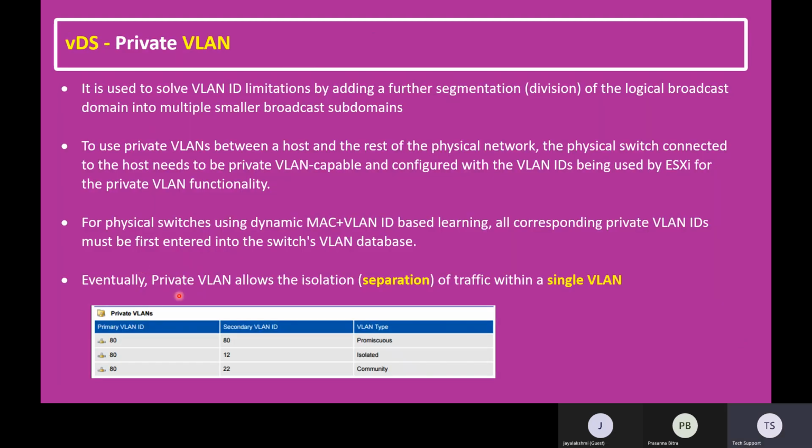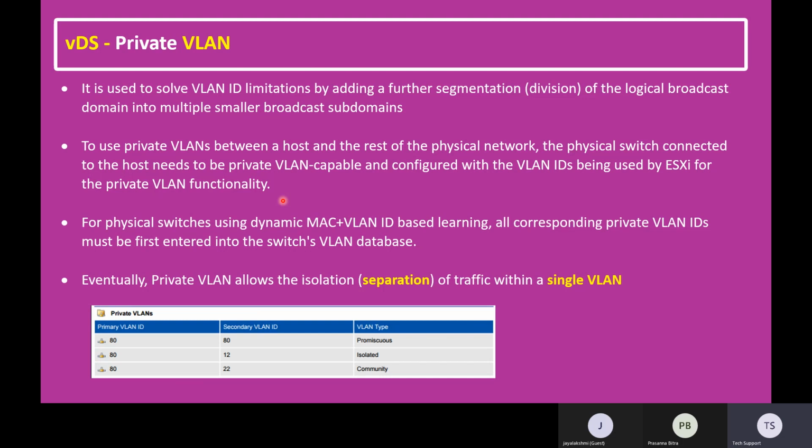Okay, so here let's try to understand the important point, private VLAN. In simple terms, normally VLAN means that within one network, we are grouping multiple networks, which is nothing but a virtual LAN. But again, within the VLAN, if you want to isolate some networks or some systems, the concept is private VLAN.